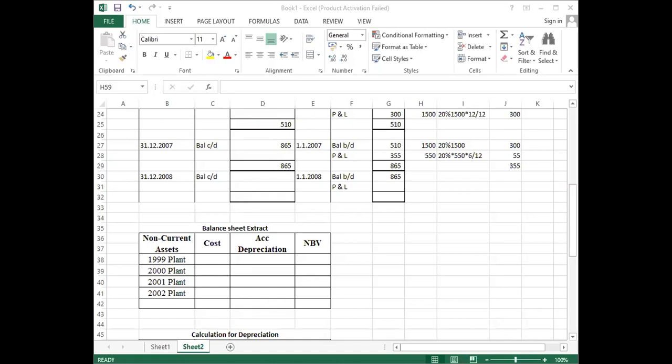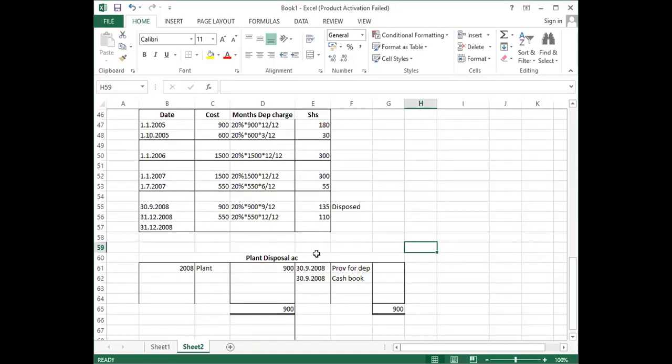So for the whole of 2008, we had that machine for only 9 months. Those are the only months we are accounting for depreciation for that machine, because that is the only period that we had it in the year 2008. So that's where the 9 months are coming in.